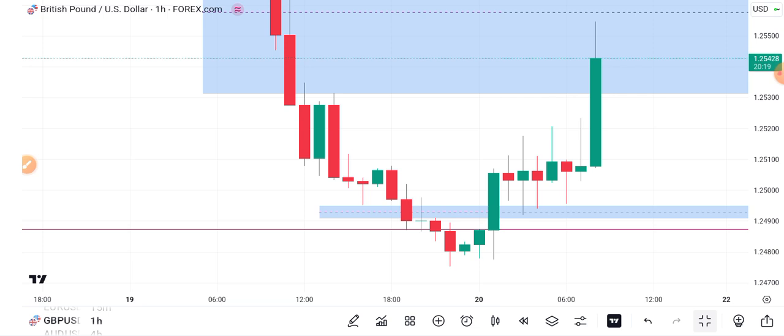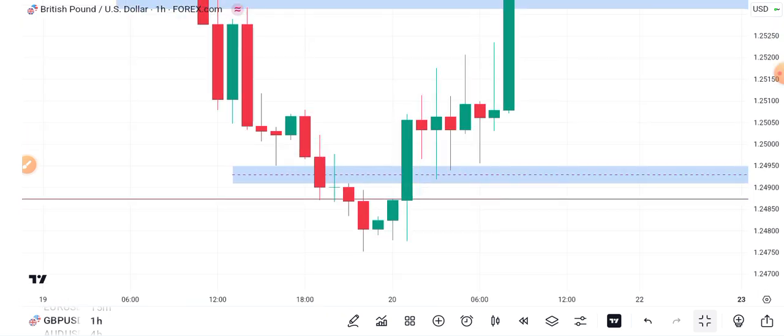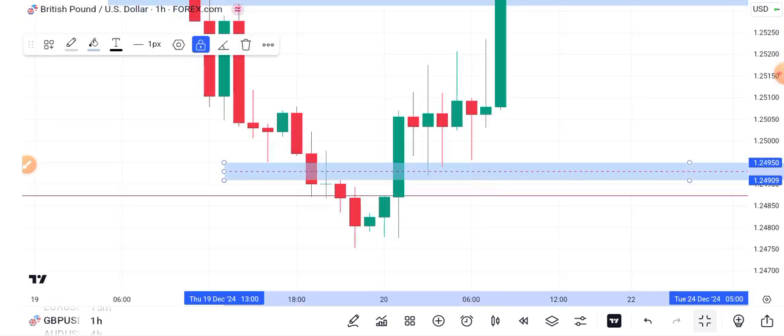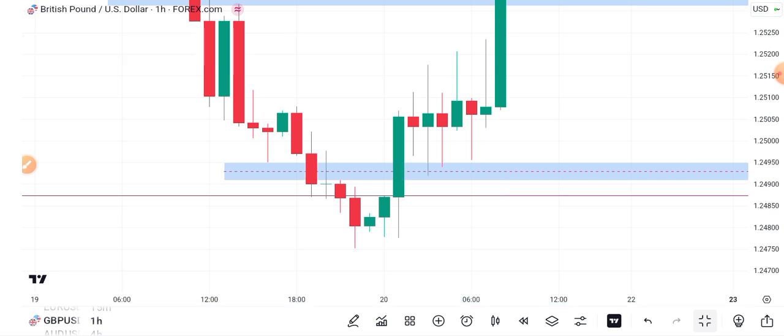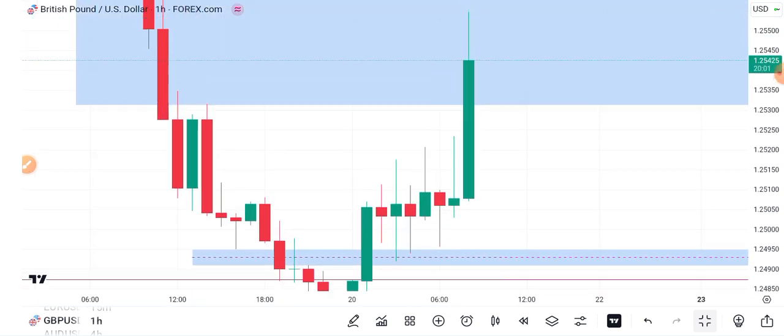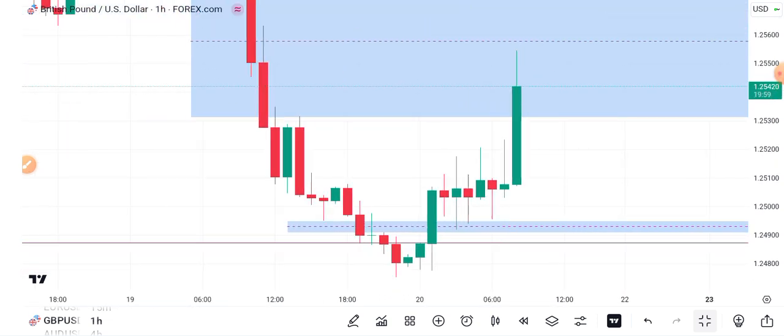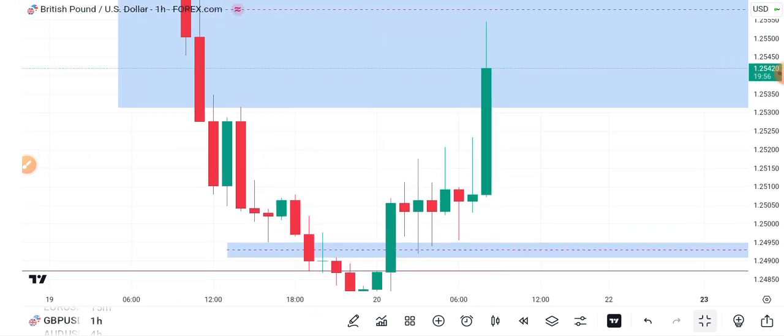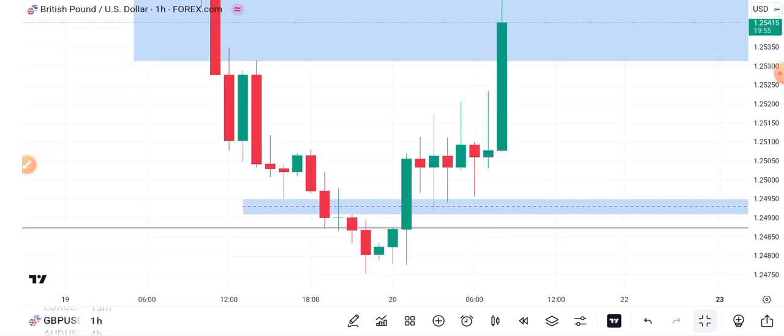Of course, this is the 4 hours inversion fair value gap that was invalidated, so that has become an inversion fair value gap. Price actually returned inside, and then price is still going higher, and higher. So these are things you want to be looking for.